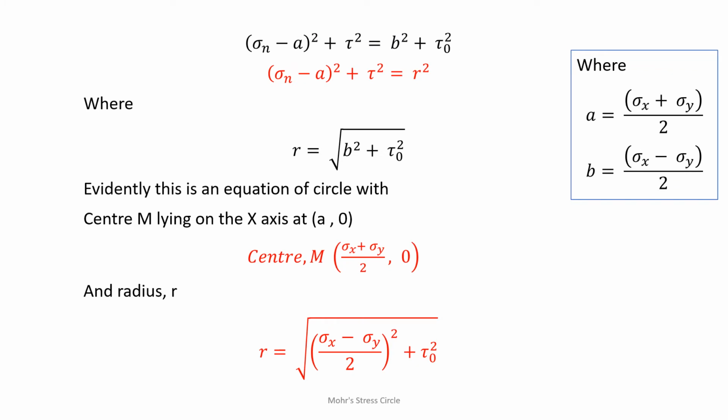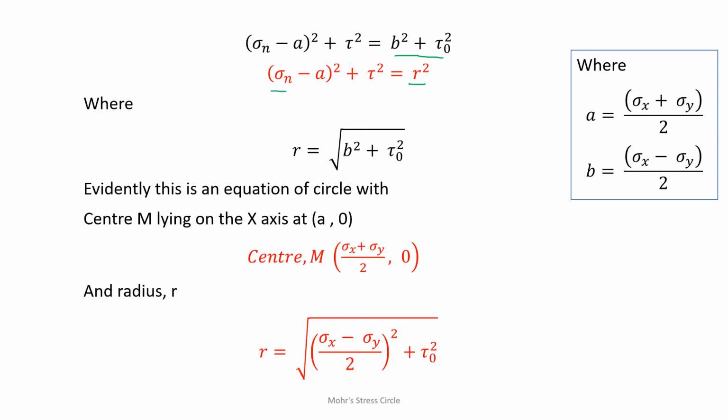We have derived the relation sigma n minus A whole square plus tau square is equal to B square plus tau naught square. Now B is given as sigma x minus sigma y by 2, and tau naught is the given shear stress. So this right side is a constant and we can substitute it as r square.